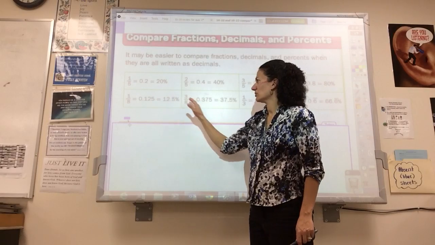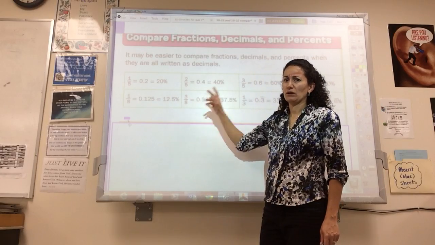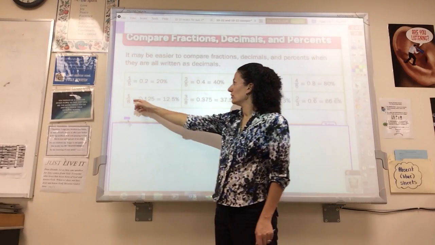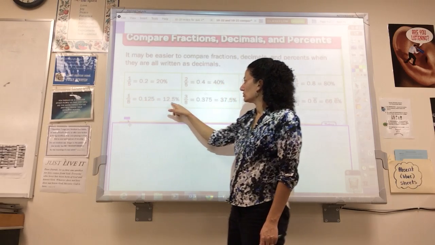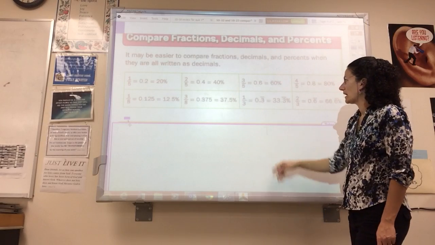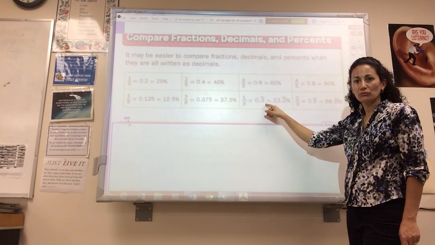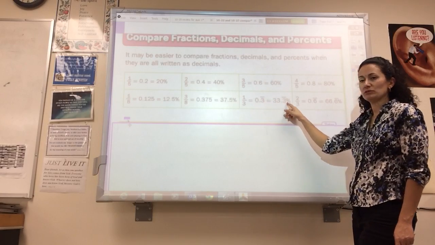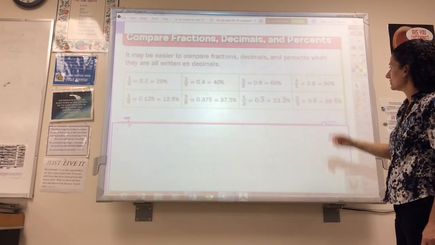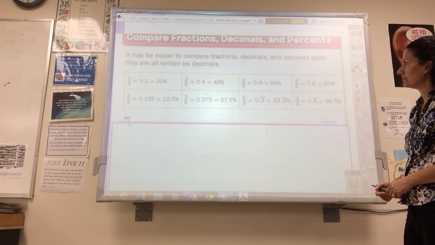I don't think the eighths are really easy. Those are not what I would call easy fractions. However, 1/8, if you want to memorize it, is 0.125 or 12.5%. 1/3 is 0.3333 repeating, so that's about 33%. 2/3 is about 0.6 repeating.